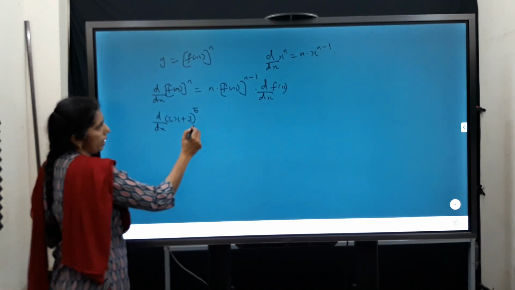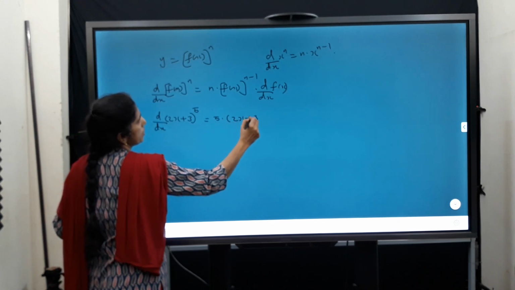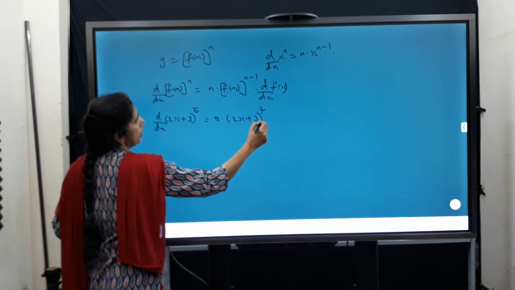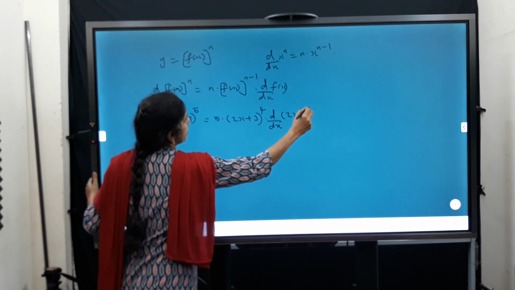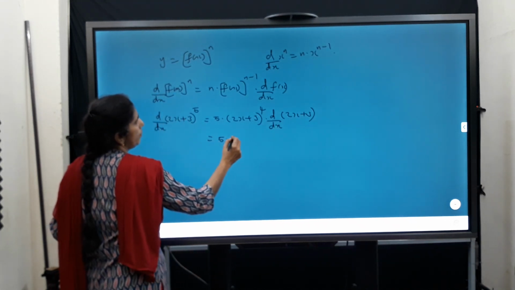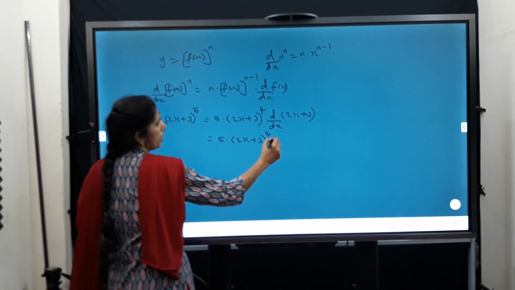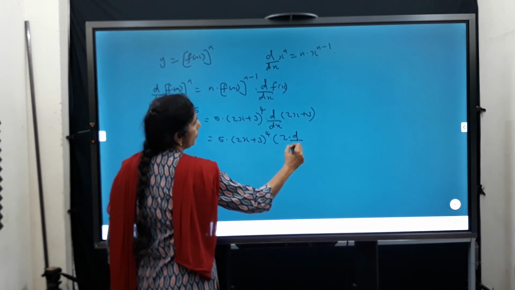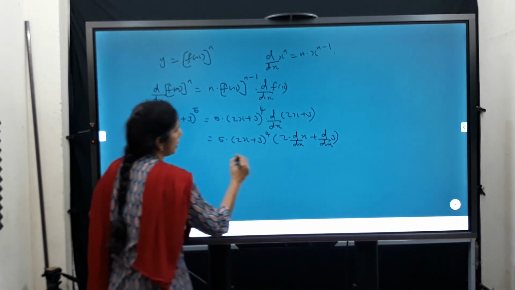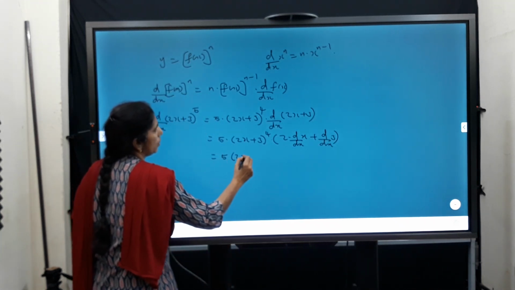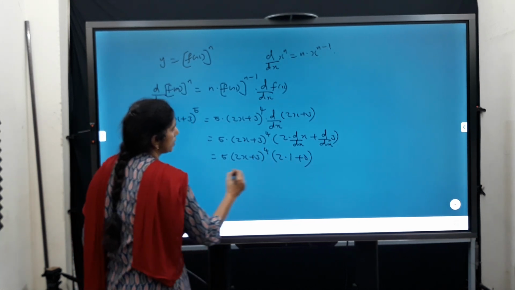Using the direct formula, we can write it as 5 into (2x plus 3) raised to 5 minus 1, that is 4, into d by dx of (2x plus 3). That is 5 into (2x plus 3) raised to 4 into d by dx of 2x plus d by dx of 3, that is 5 into (2x plus 3) raised to 4 into 2 into 1 plus 0.